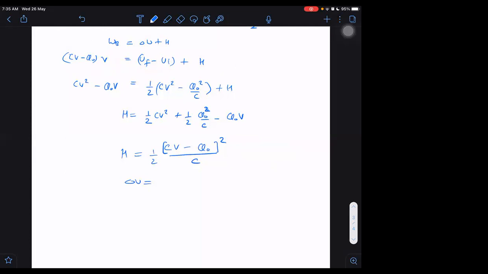Because what is our equation ultimately? Our equation is work done by battery, and H has this relation. Is it work done by battery divided by 2 or not? Let me check once. No, it is not right. Sorry, it is not equal to work done by battery divided by 2. It is something else.